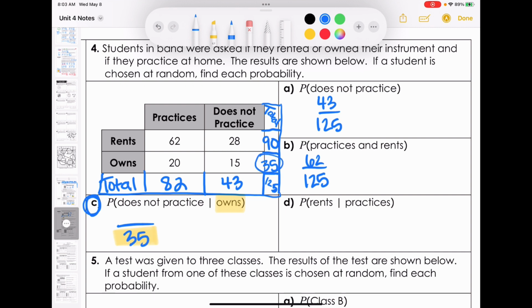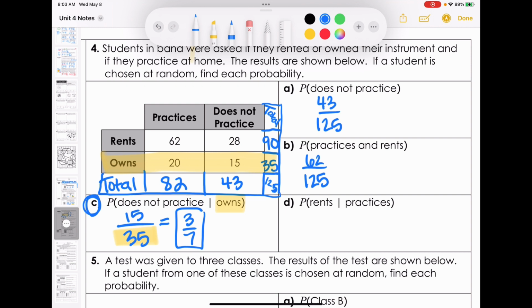We see that right there in our table. Now, out of those 35, because I'm only looking at the own their instrument row, how many do not practice? That would be 15. And that's how you would do the probability there. Let me make sure that it doesn't need to be simplified, and it actually can be simplified to 3/7.